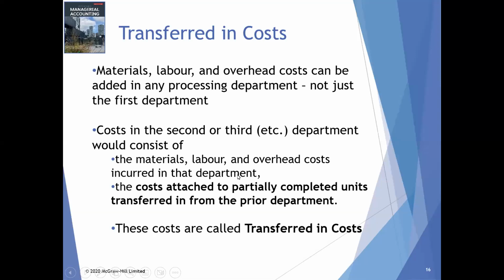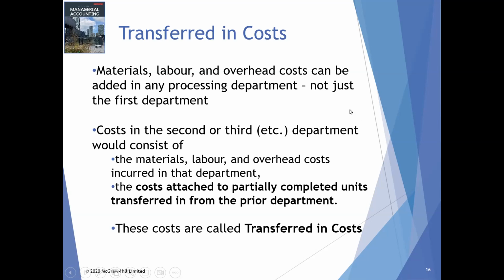And what is the meaning of this? It means we will calculate overheads department wise. The cost attached to the partially completed units transferred in from the prior department. It means from the previous department, the cost, let's say, is $5,000.